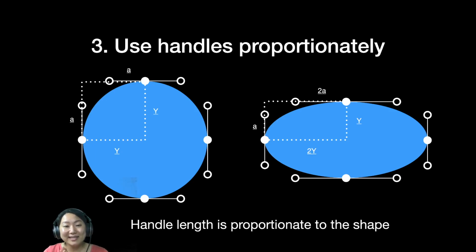So here you can see that the handles, also known as off-curve points, are about the same length in this geometric circle. But here, as you can see in the ellipse, if it is longer than it is tall, you can see that the handles will not be the same length. Hope that makes sense.